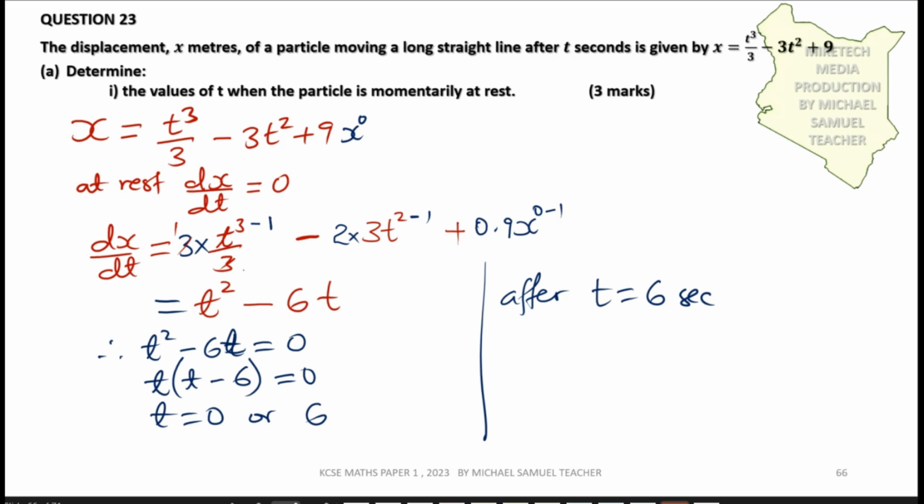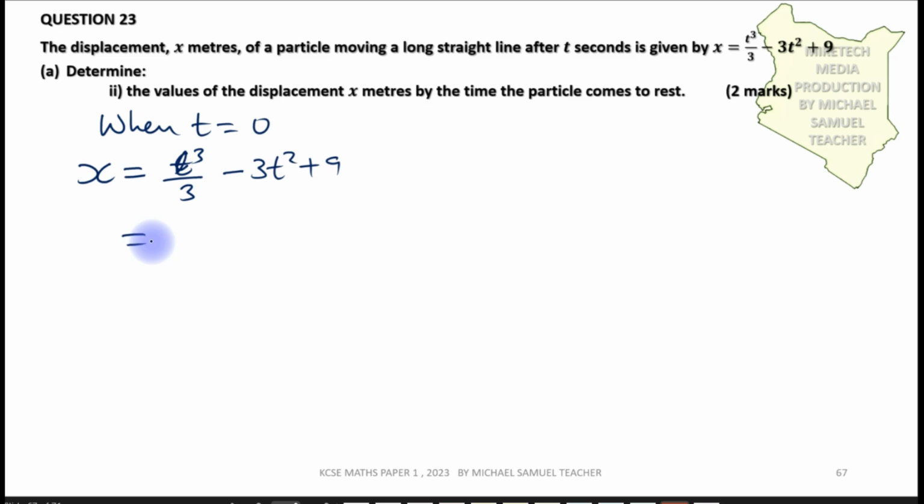Then Roman 2 of the question, the values of the displacement x meters by the time the particle comes to rest. So when t is equal to 0, because that is when the particle is at rest, we substitute into the equation of displacement.